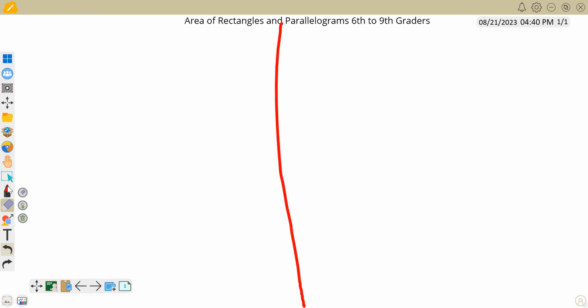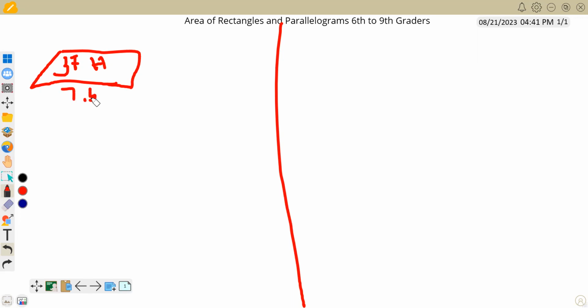This is a parallelogram, part of my drawings, and we're going to be working with some equations right now. So it's 3 feet, which is the height, and my base is going to be 7.5. How are we going to figure this out, guys?